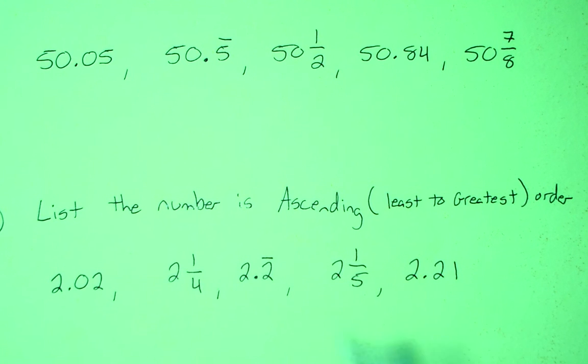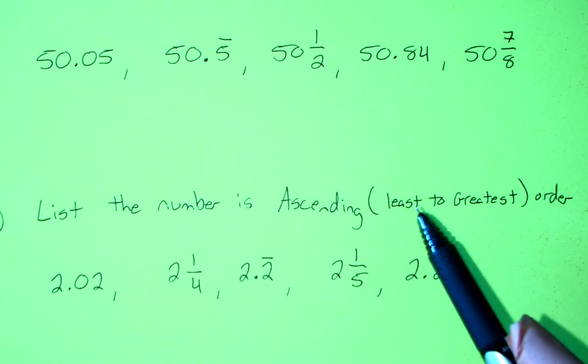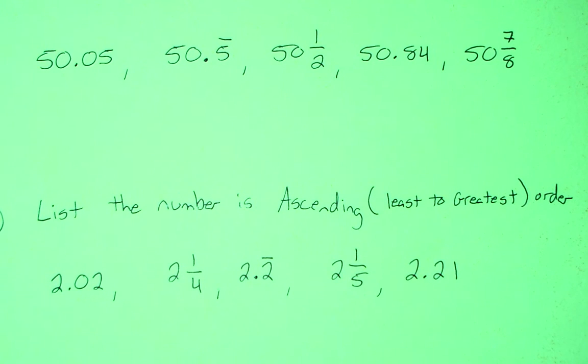Convert the two fractions into decimals. You can then compare them and put them in ascending order, which means least to greatest.